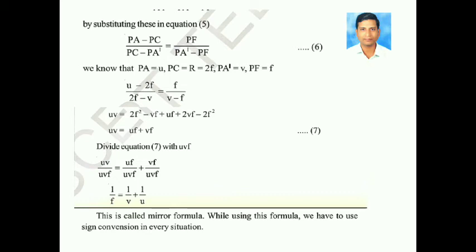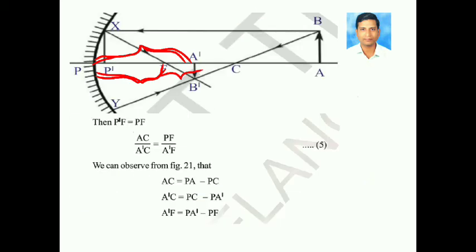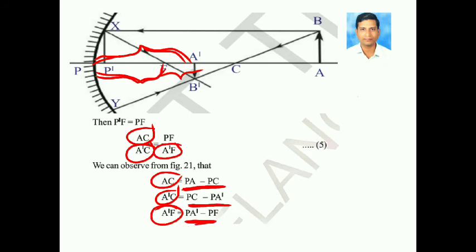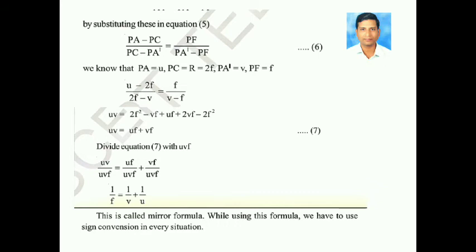By substituting these equations in equation 5, instead of AC we write PA minus PC, instead of A dash C we write PC minus PA dash, and instead of A dash F we write PA dash minus PF. Then we get PA minus PC by PC minus PA dash is equal to PF by PA dash minus PF.